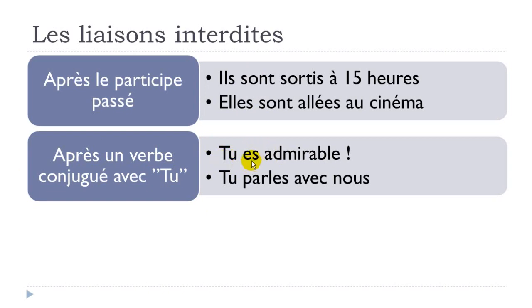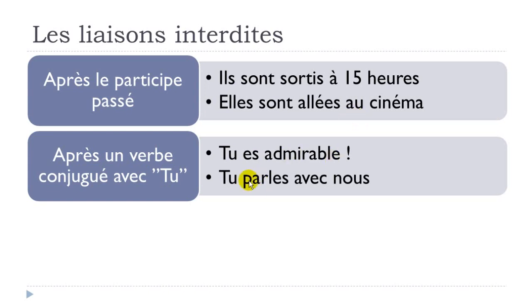Don't ask me why, because basically there's no logic in that. It's just the way it is. So that's one rule, and honestly, it's a bit strange. I know, especially when you're learning a language, for what reason only for one person you shouldn't make the liaison, but unfortunately for you, that's the way we do it. So let's respect the rule.